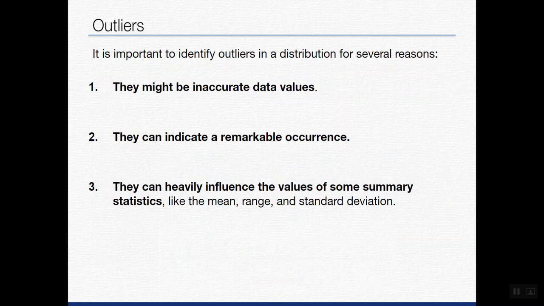Again, with outliers. An outlier could be an inaccurate data value. It could be a remarkable occurrence, and it will heavily influence some statistics like the mean, the range, and the standard deviation.